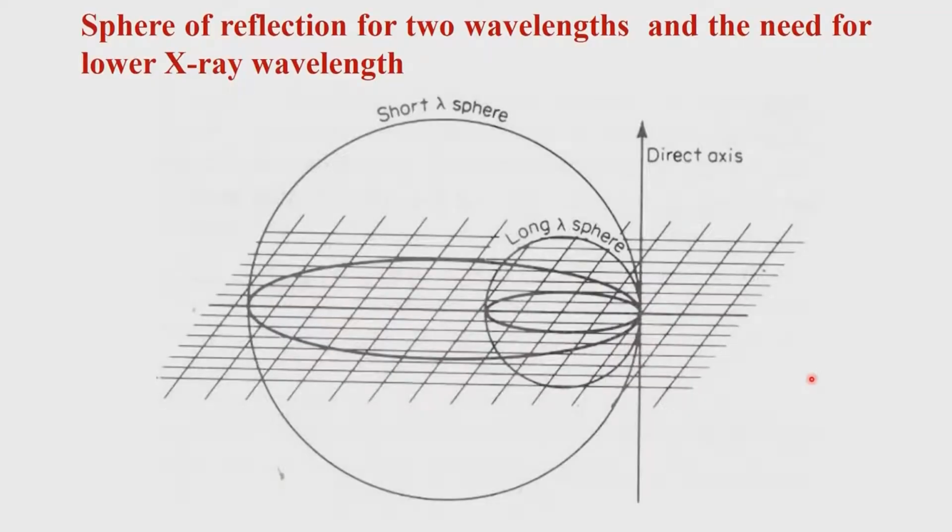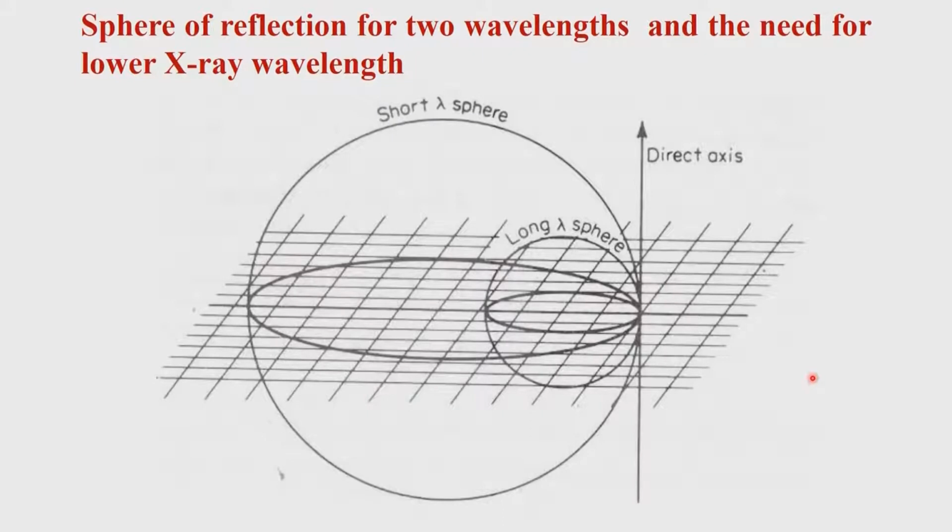So, copper radiation will be 1.542 angstroms. So, that will give rise to a reciprocal lattice of a certain volume and dimensions, and the corresponding Ewald sphere which we construct will be 1 over lambda. So, it will be 1 over 1.542.